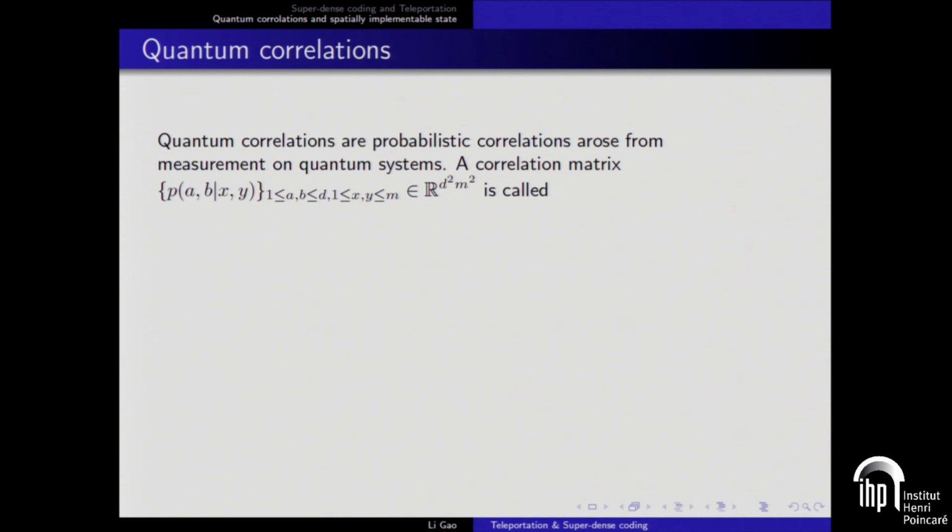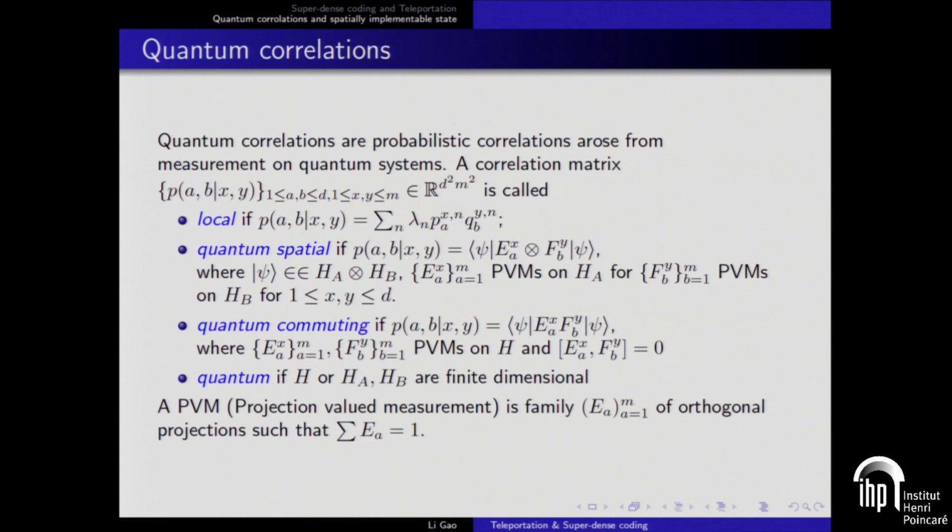It is called local if it can be written as a convex combination of product probability distributions. That corresponds to the classical world. And in the quantum world, there are several competing definitions. The first one is quantum spatial.